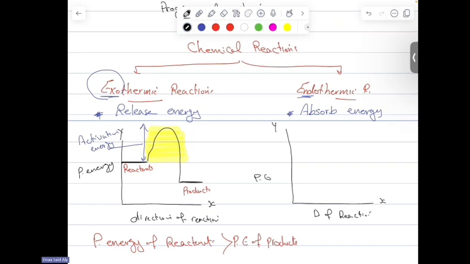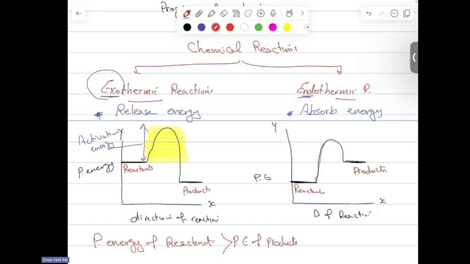What about the reactants? This line represents the reactants. I will write here reactants, and here the products.